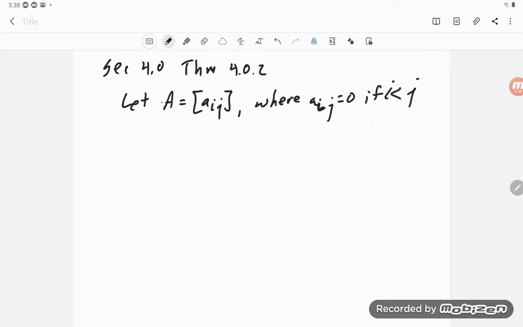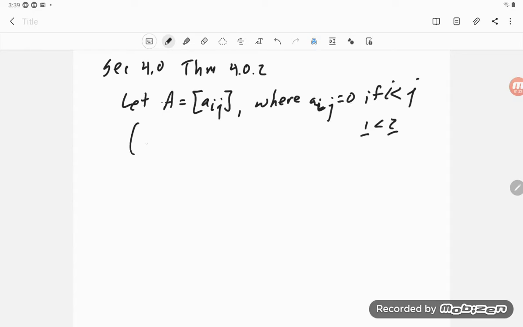So you could have things like 1 is less than 2. So where is that? Is that above the diagonal or below the diagonal? Well, it's row 1, column 2. That's above the diagonal. So this is saying that we have a lower triangular matrix, because everything above the diagonal is 0.